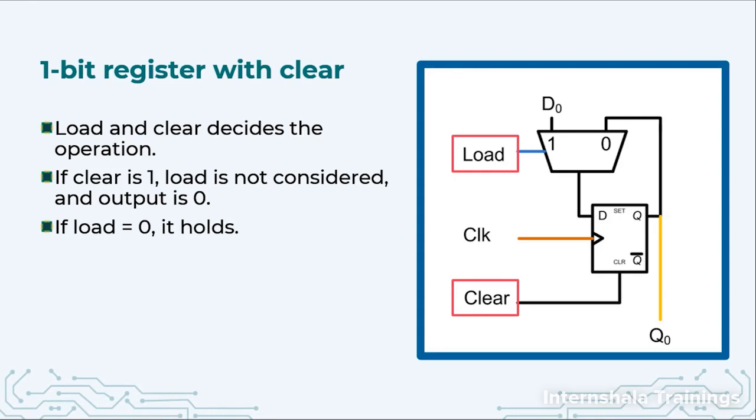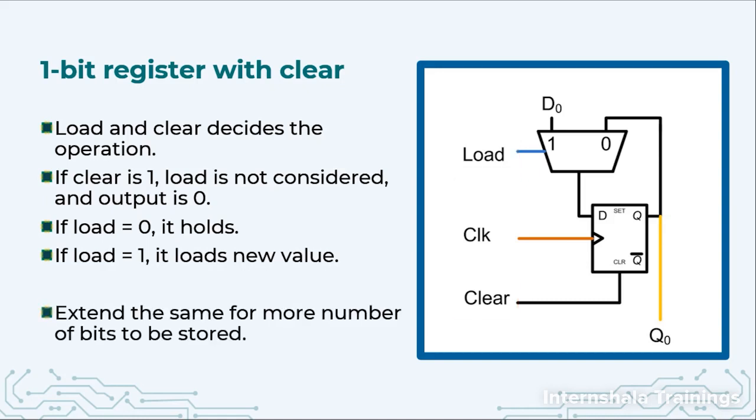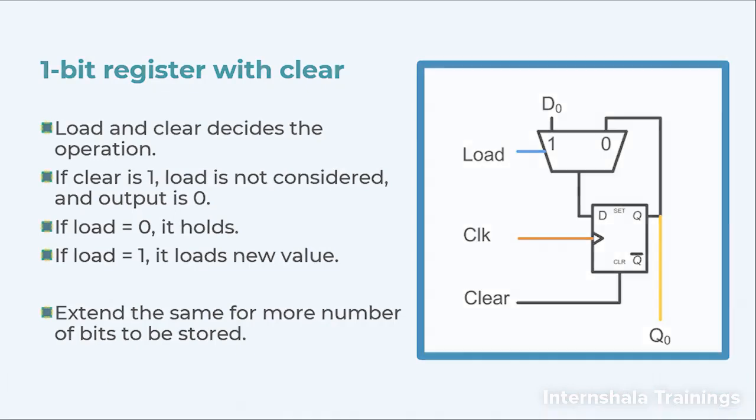Now, if the value of clear is 0, then we can talk about load. In that case, if load is 0, we are going to hold our data, and if load is 1, we are going to load a new value from D0 into our flip-flop. And then we can extend the same logic to more number of bits.